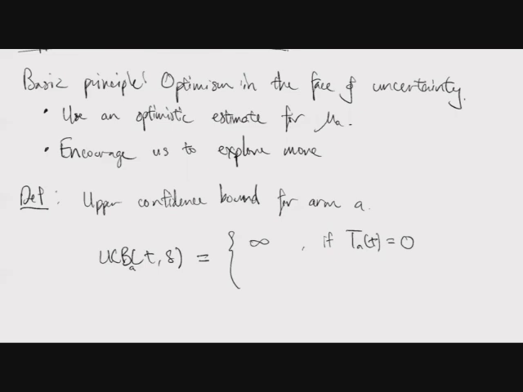Otherwise, if arm A has already been pulled, then the UCB is going to be the observed mean reward for that arm plus this bonus. And the bonus is going to be the square root of 2 times log 1 over delta, divided by the number of times the arm has been pulled.